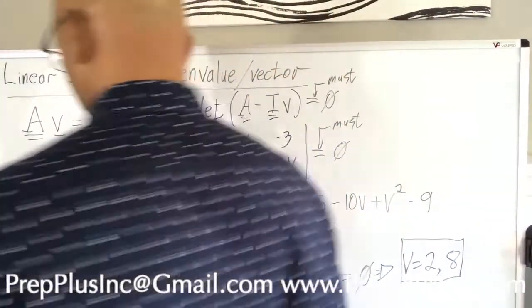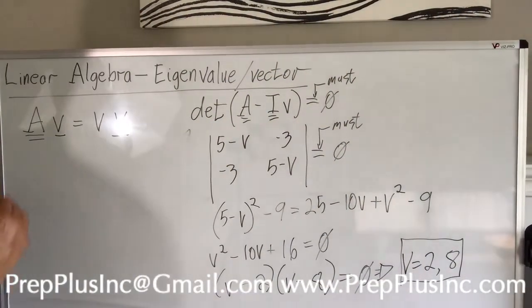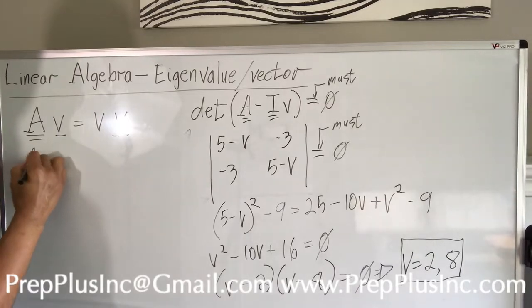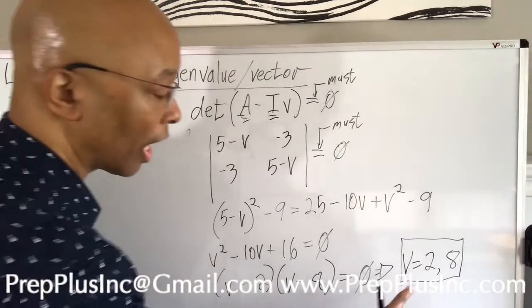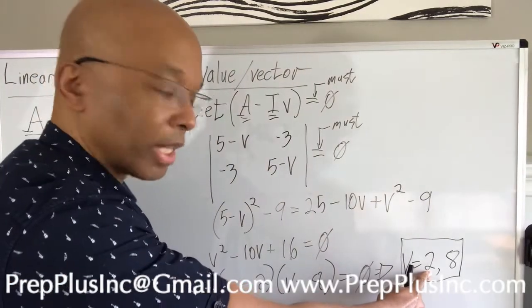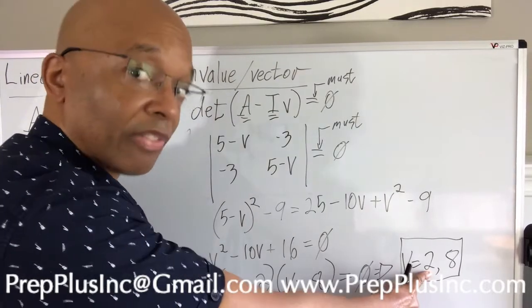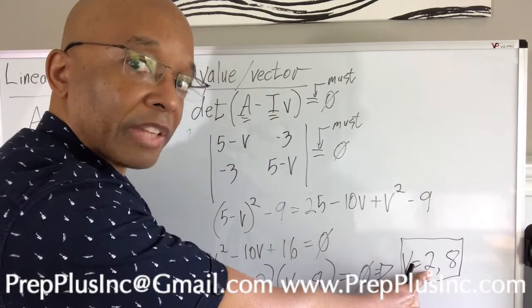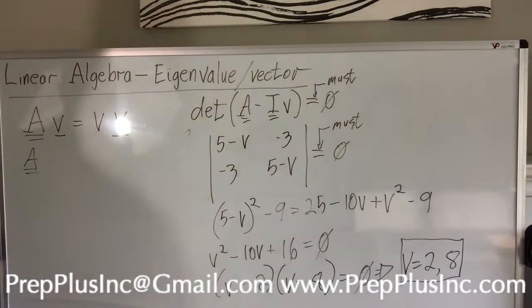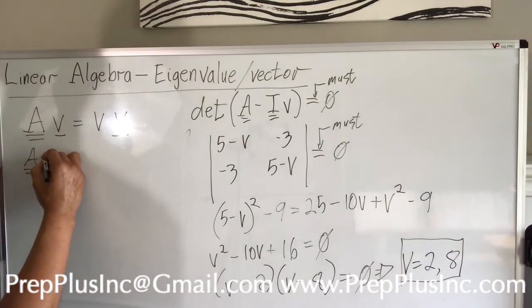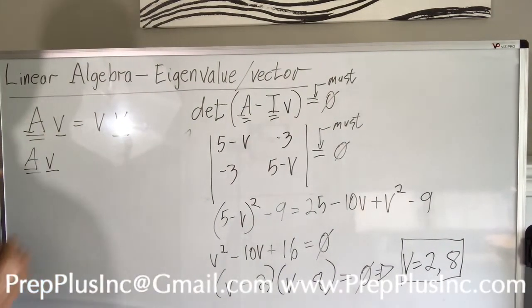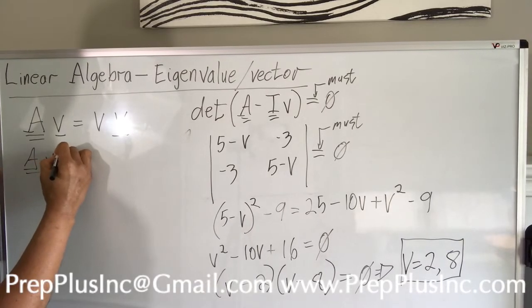So I'm going to write this as A. So let's look at eigenvalue 2 right now. We're going to solve for the eigenvector that corresponds to eigenvalue 2. So A times the eigenvector with eigenvalue 2.